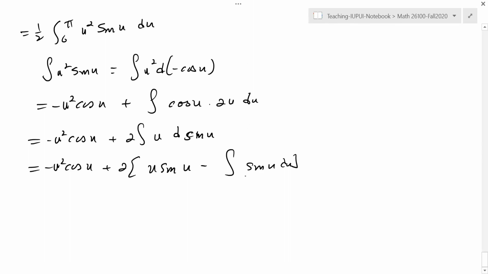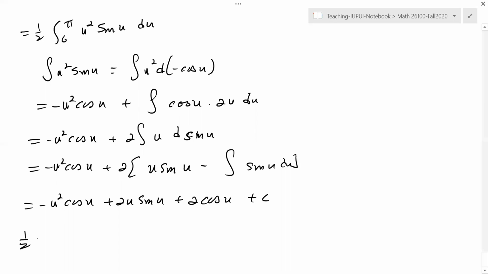Then I write down, this will be cosine u, so negative u squared cosine u plus 2 cosine u. So this is the antiderivative, unfortunately, and then they put back to the integrals.